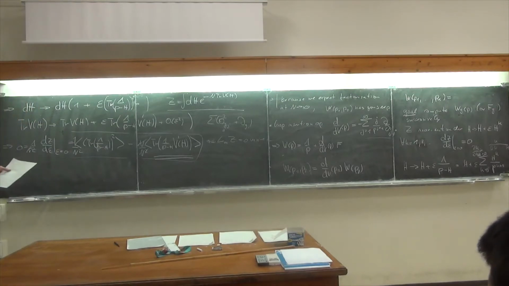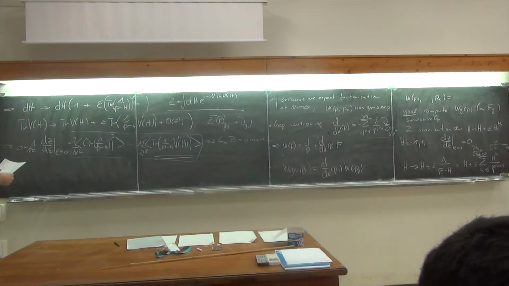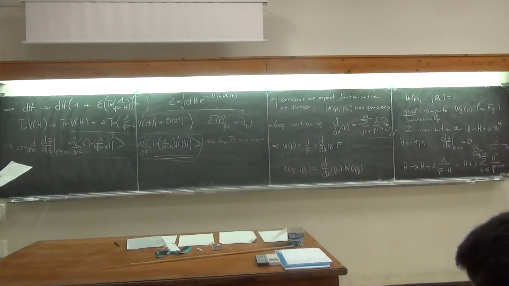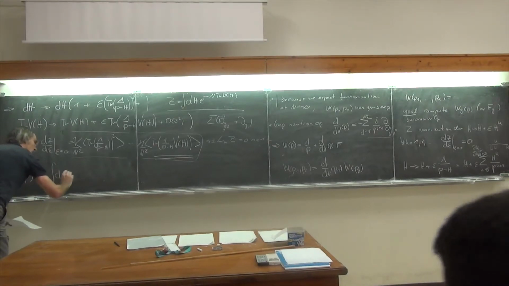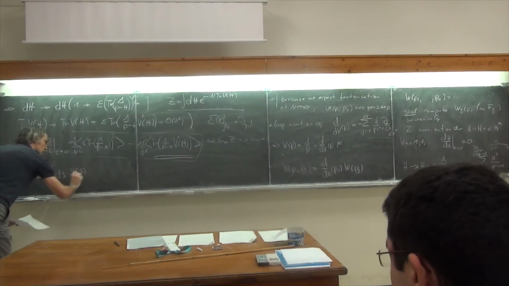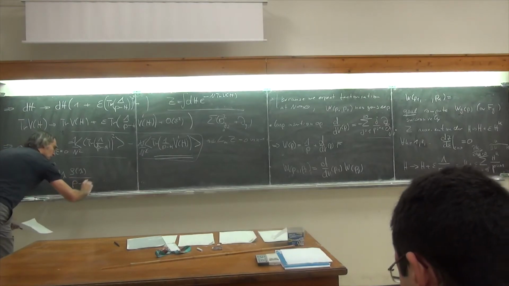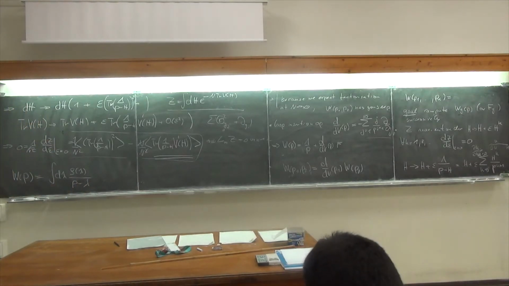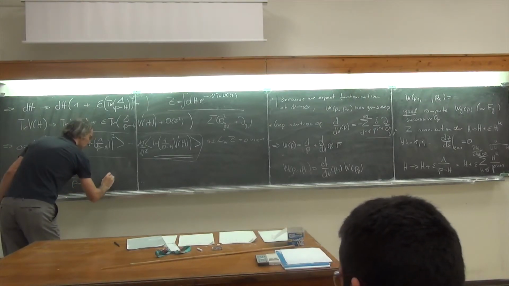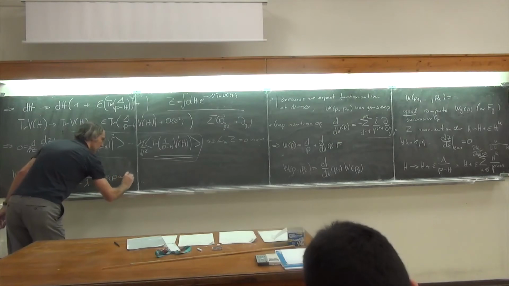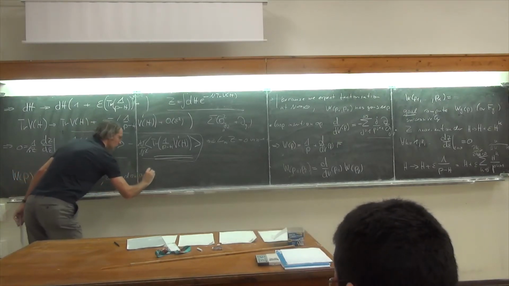Now, what I would like to use is that we had the spectral density, and that we could write W(p) as an integral dλ ρ(λ) over p minus λ. Okay, now we will make an expansion around n equals infinity.